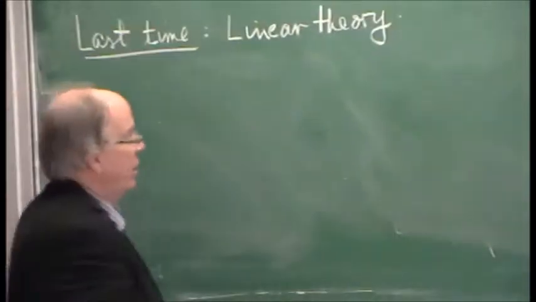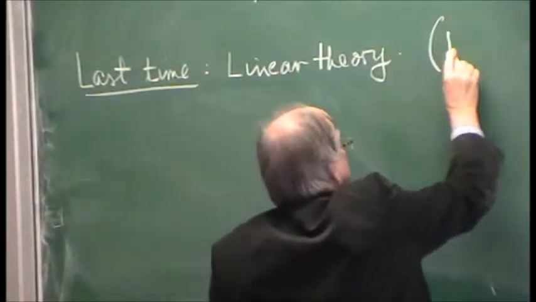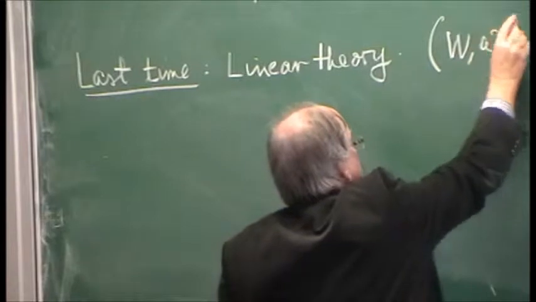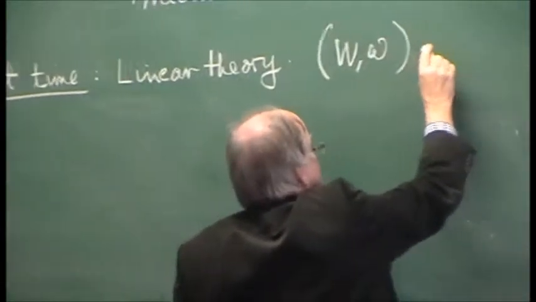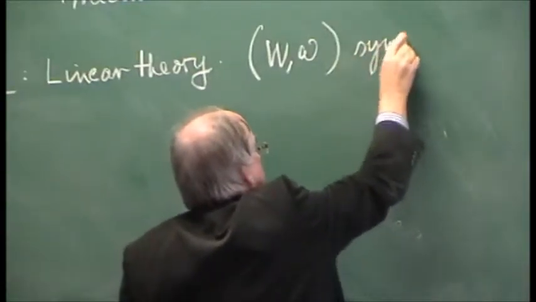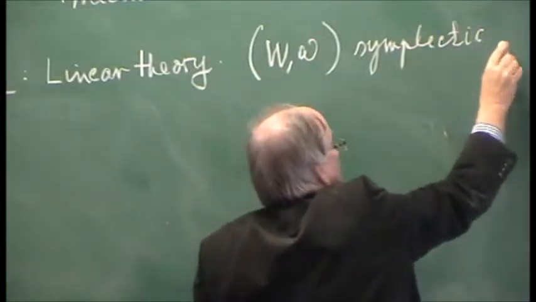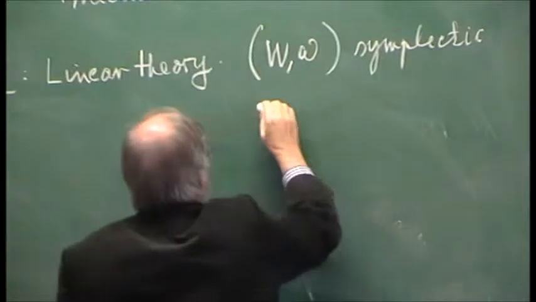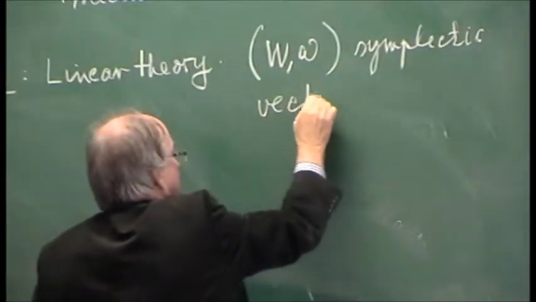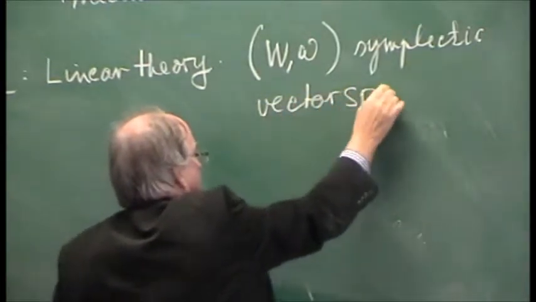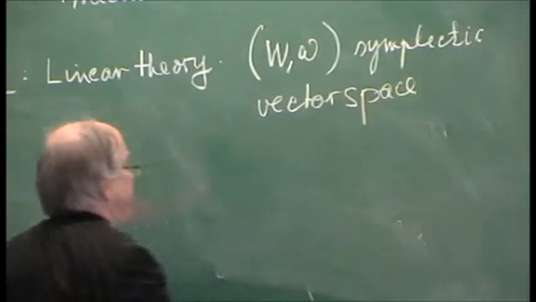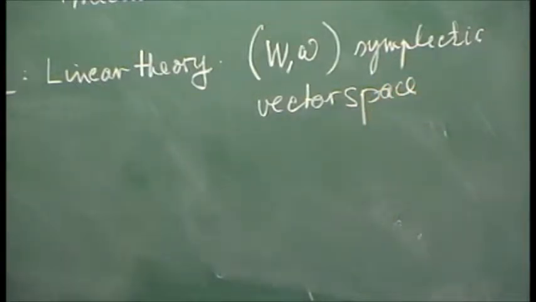And that is the case where, say, W, omega is a symplectic vector space. So it's a linear setup.